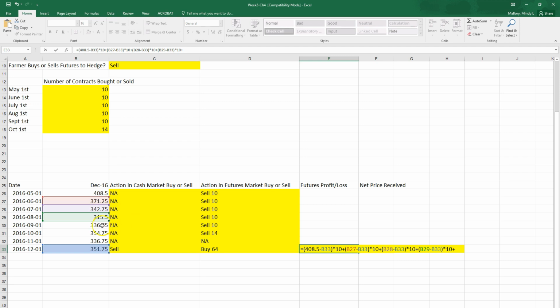Plus, we're still on a 10 row, so I sold for this price minus the price I bought it back for in December. Still selling 10 in that month. And one more time. This is our 14 month. So I did sell those at $354.75 minus the price in December I bought it back for. And this time I sold 14 of them.